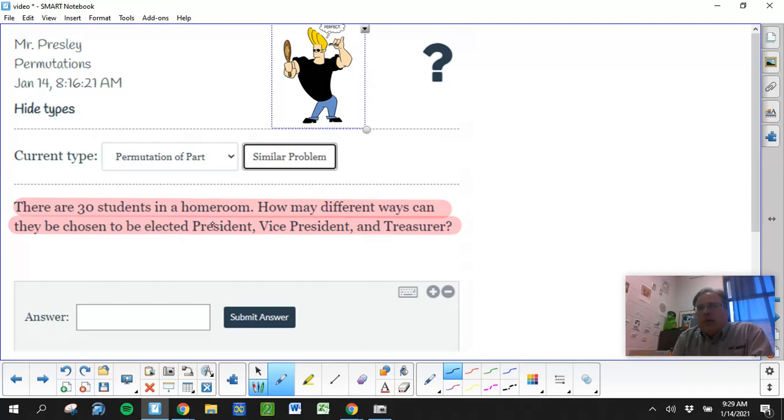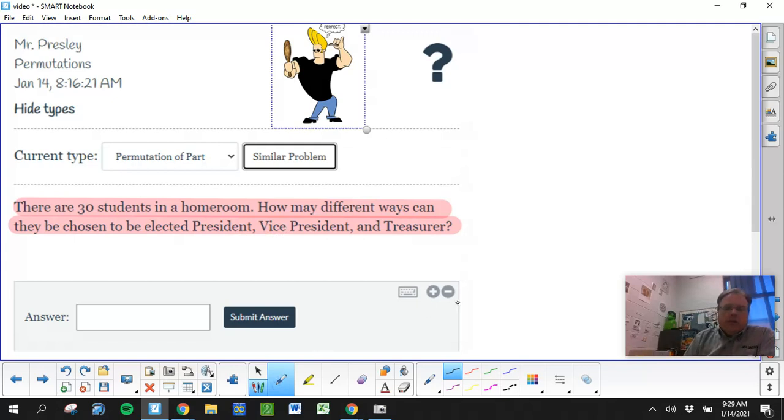Well, the president back when I was a kid would actually step out of the room. At least at Maysville Elementary many years ago, that person would step outside, and now you only have 29 people in the room, and you do it all over again for vice president.